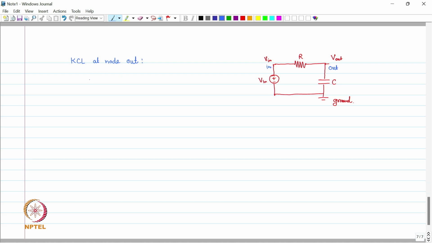The current into out from the left is V in minus V out divided by R, which is this current.